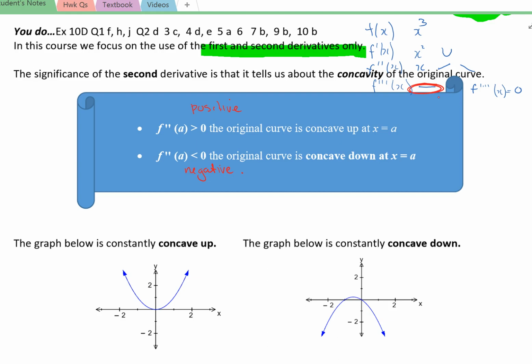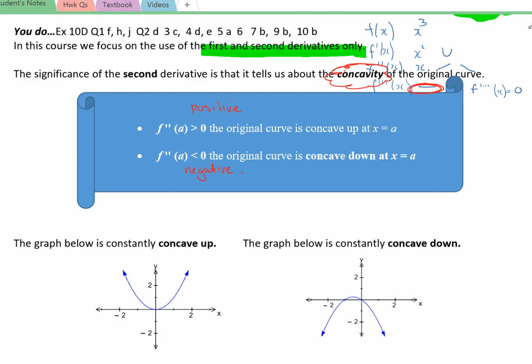And what is the significance of knowing whether the second derivative is a positive or a negative? It tells us about the concavity. So that's what we'll be focusing on, the concavity of the original curve.